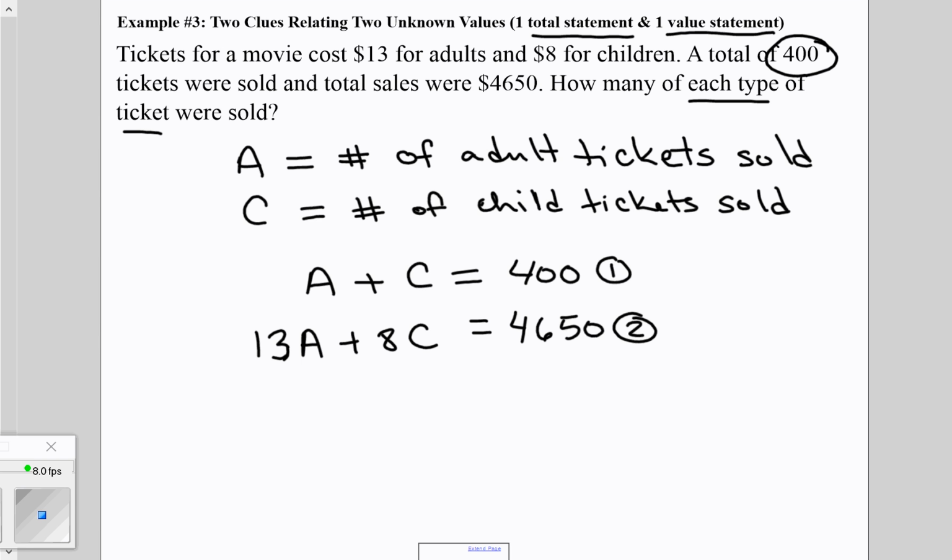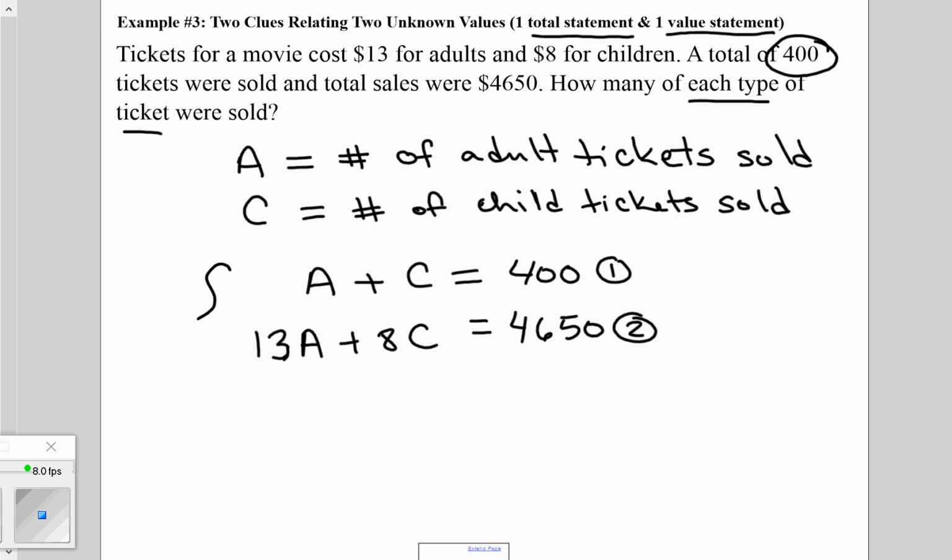So $8 multiplied by the number of tickets sold will equal the total sales related to children's tickets. So we have adult tickets plus children's tickets sold in terms of value have a total value of $4,650.